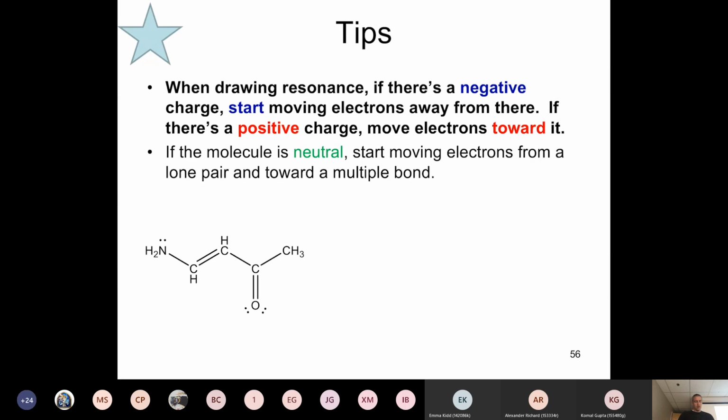But generally speaking, a good place to start is, if there's a negative charge, start there. Your first arrow should almost always be at a negative charge if there's a negative charge on the molecule. Or in other words, if there's a positive charge, that's where your last arrow should end up. So you can go backwards if you want.